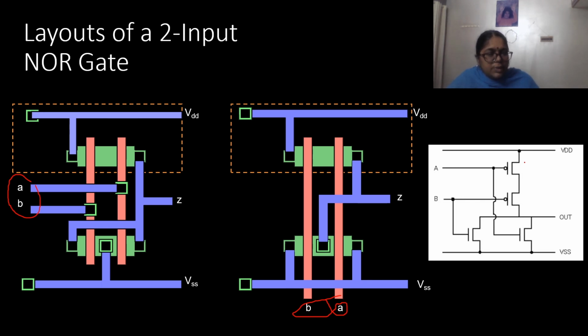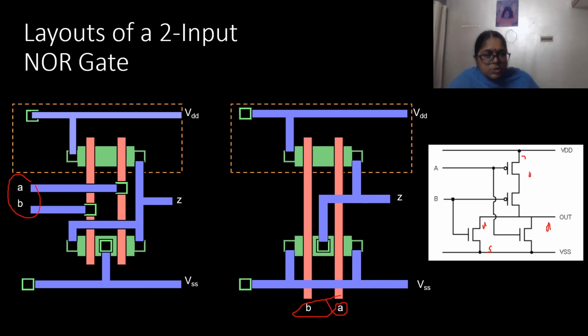So for transistors, what we have to remember is the source of the PMOS transistor is towards the VDD, drain is towards the output, and the source of the NMOS transistor is towards VSS or ground, and drain is towards the output. From that, you are going to mark the source and the drain of the transistors.